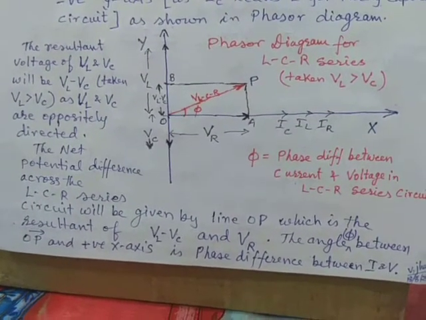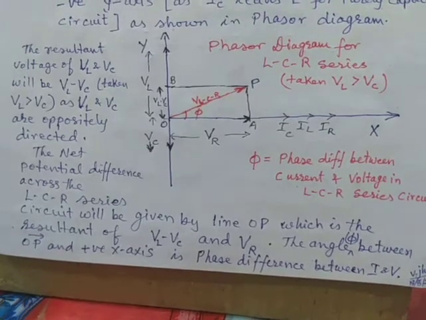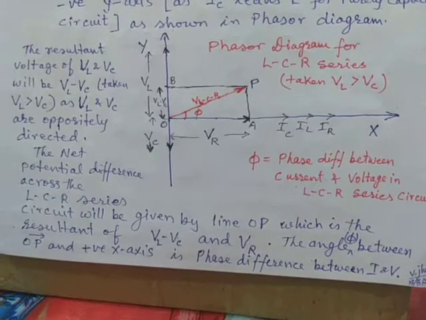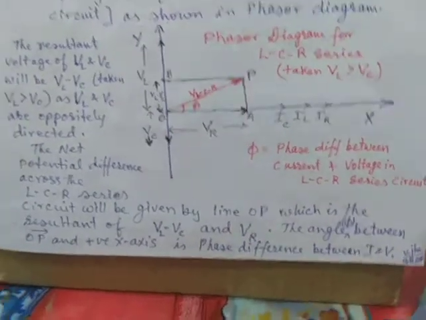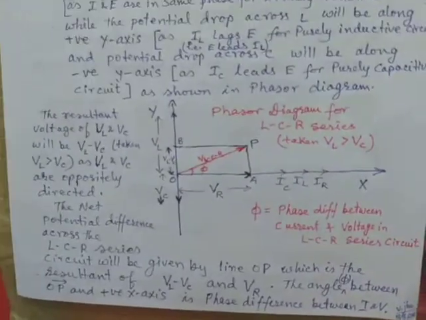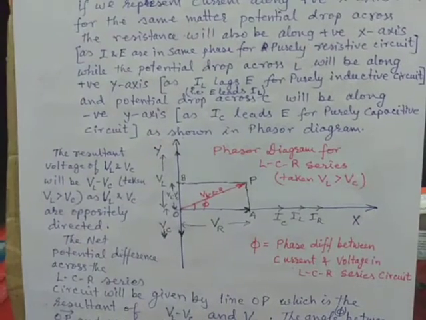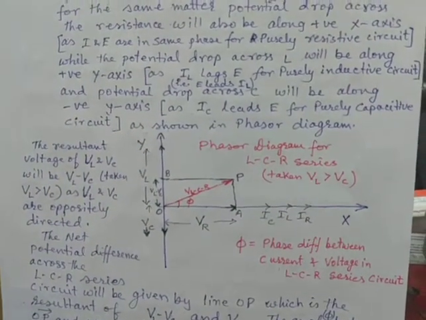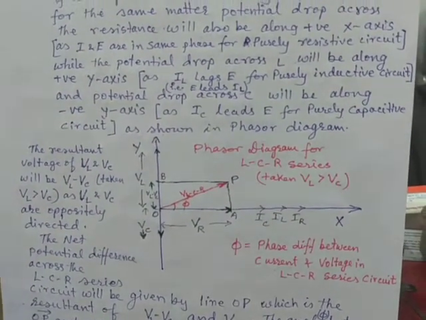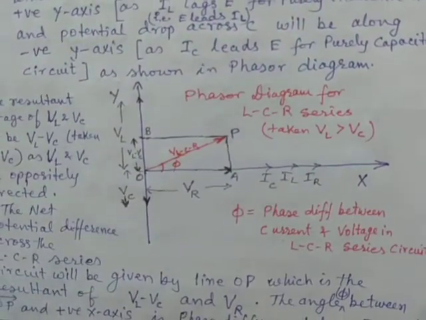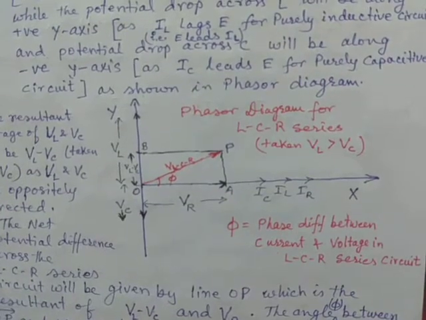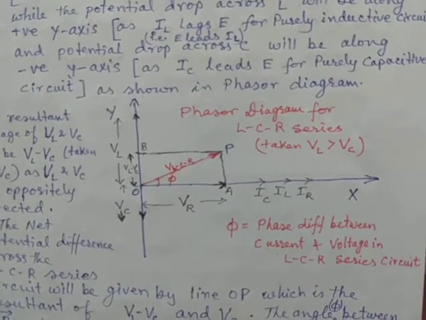Therefore current is represented on the x-axis along the positive x-axis direction, while the potential difference VL across the inductance is represented along the positive y-axis, and the potential difference across capacitance, that is VC, is represented along the negative y-axis.